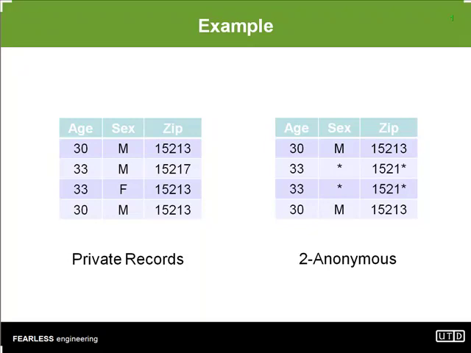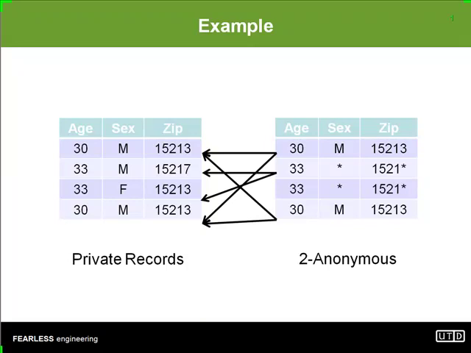What we do is, instead of revealing the individual data, we reveal a two-anonymous version. And the idea here is, if you look at these two-anonymous versions, these two individuals are indistinguishable from each other, okay?